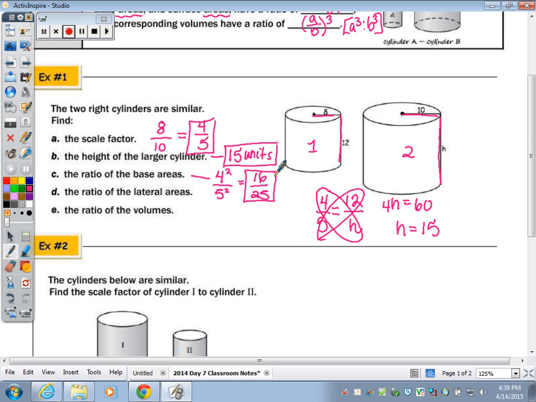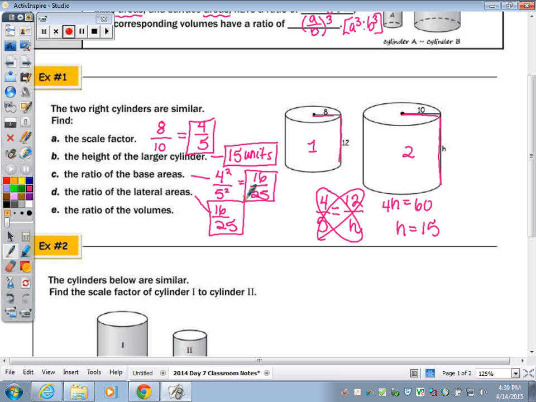Part D, it wants the ratio of the lateral areas. Well, again, any corresponding areas, whether it be lateral areas, base area, or surface areas, is going to be the square of our scale factor similarity ratio. So part D is also going to be 16 over 25.